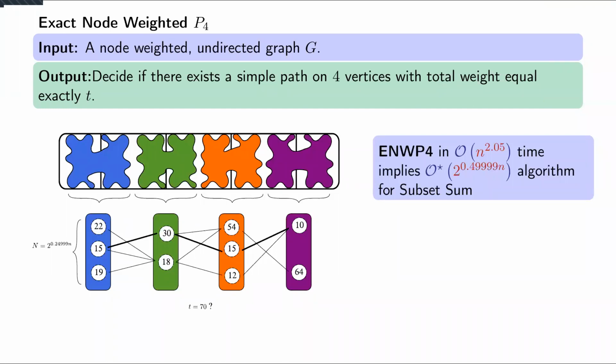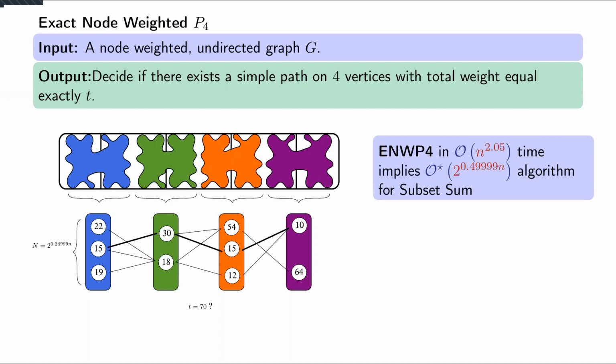We take this set between L and capital ML, and we know it will have only about 2 to the 0.24999n elements, all of which have some weights. We do this for every set out of this four-set partition, and we put an edge between the vertices if and only if they are disjoint. We can afford the naive algorithm to decide that, because we can afford quadratic time.